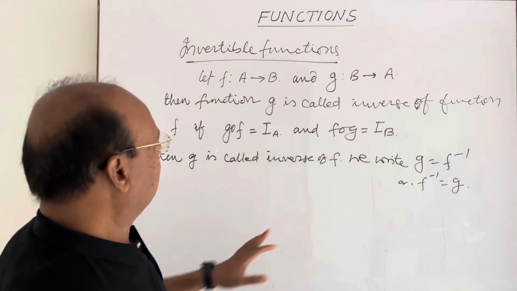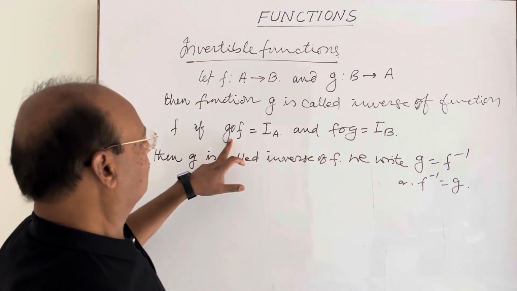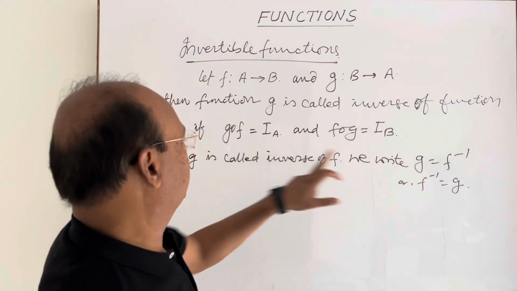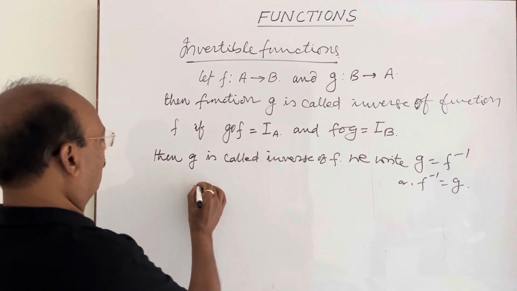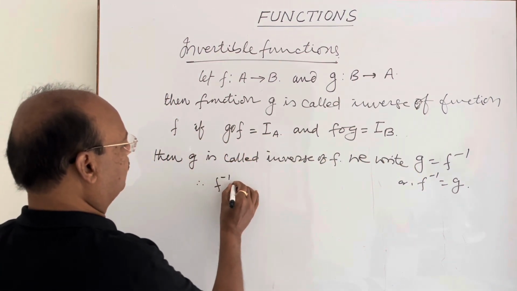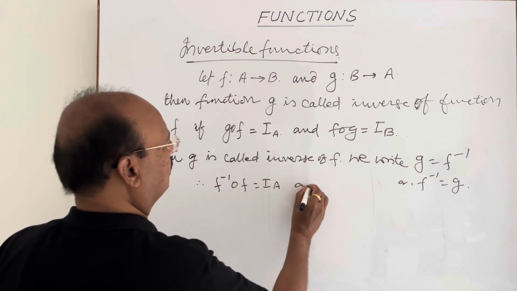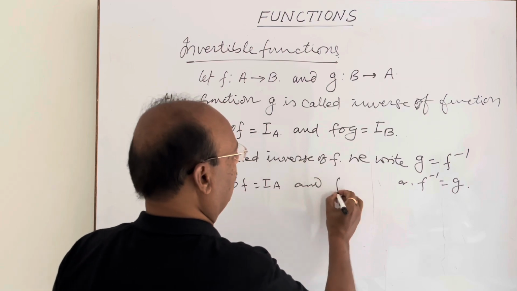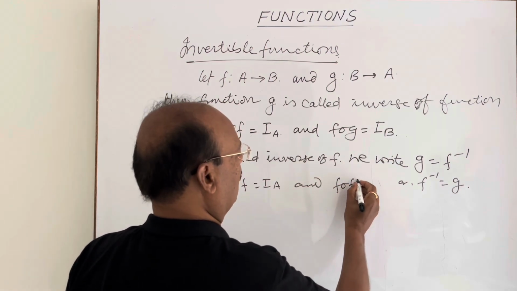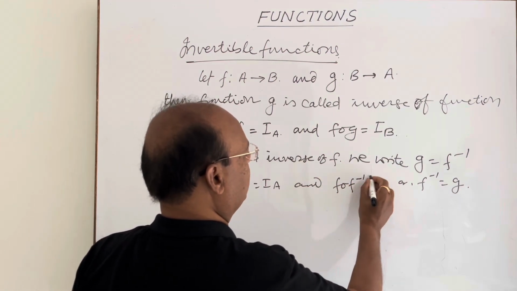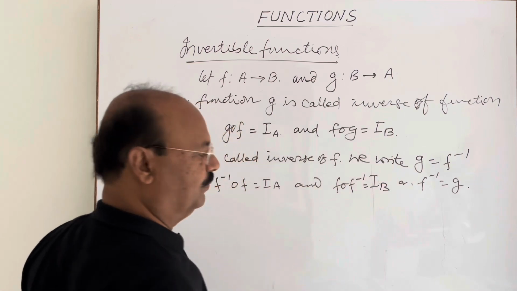Correct. So if in place of g we write f inverse here, then f inverse of f is identity function in A and f of f inverse is equal to identity function in B.